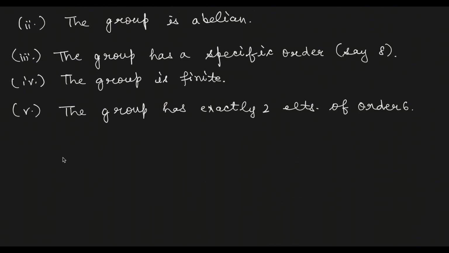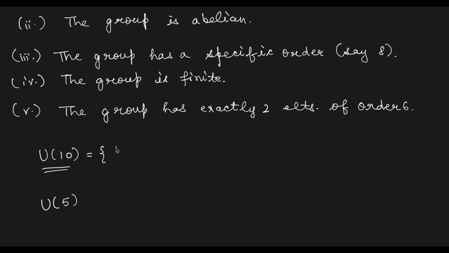So U10 and U5. What will be the elements of U10? U10 is the numbers less than 10 and relatively prime to 10.